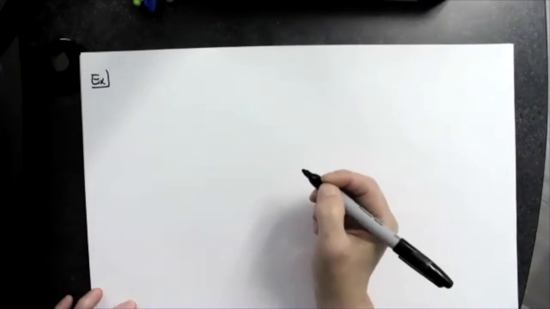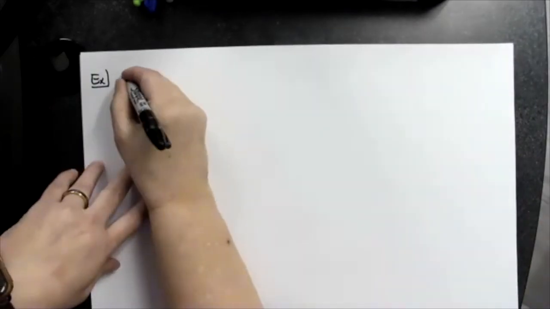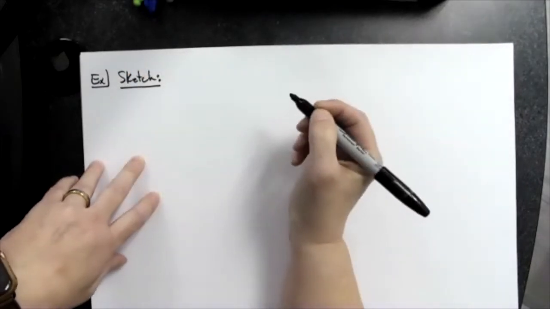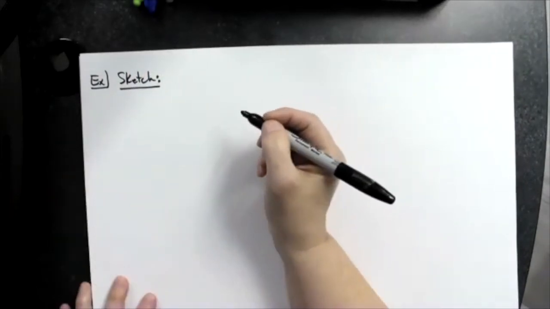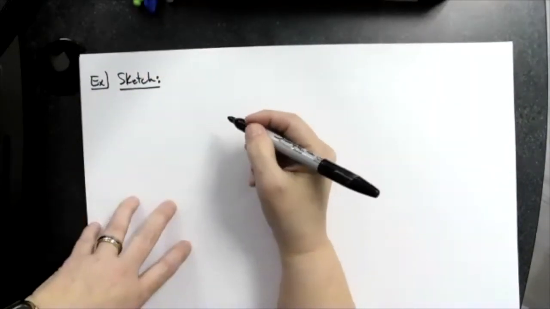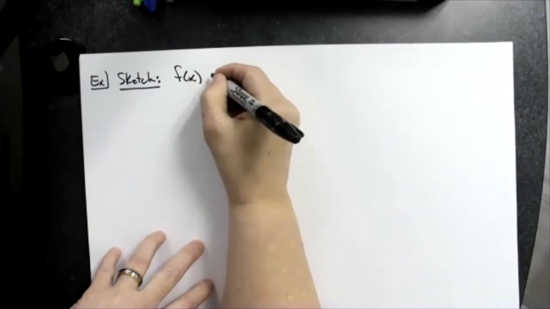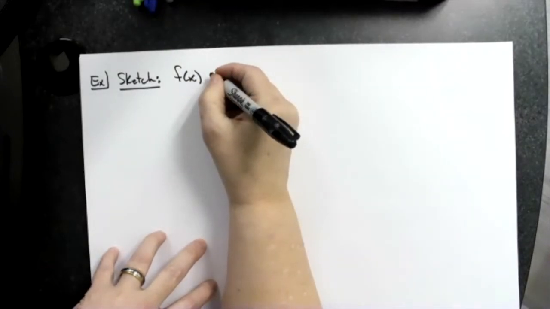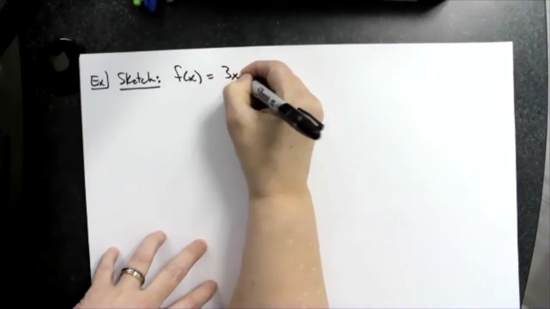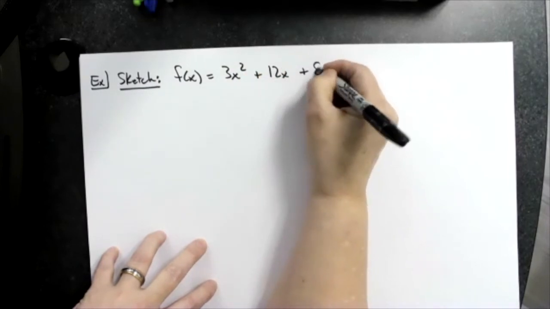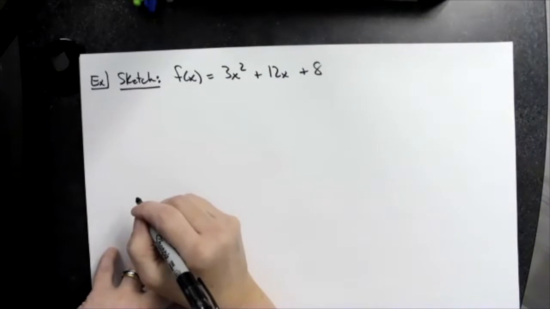Due to the fact that I'm not going to be using graph paper, I am going to say sketch. On the final exam, we will give you a coordinate plane with an x and y axis so that you can actually graph it and be very precise on where you put those ordered pairs. So let's suppose f of x is equal to 3x squared plus 12x plus 8.